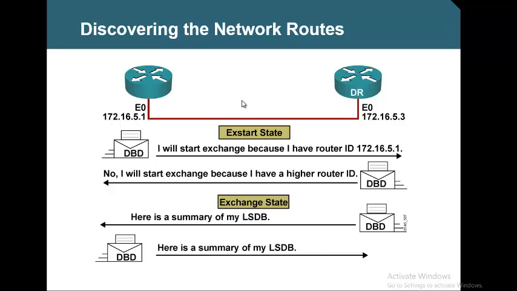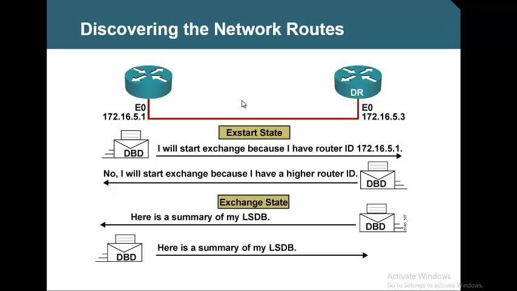That is the big difference between the ExStart state and the Exchange state. In ExStart state, there is a DR, BDR, and DROther elected. In the Exchange state, the distribution happens only between the DRs and the others, not between the others.